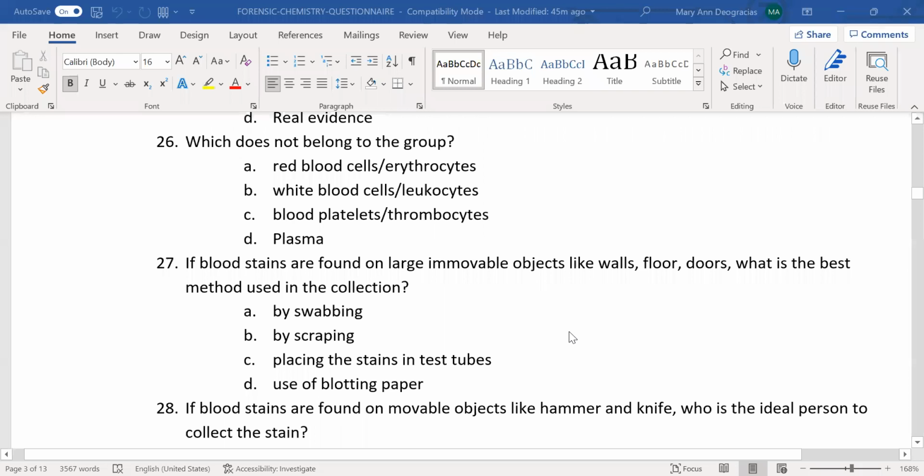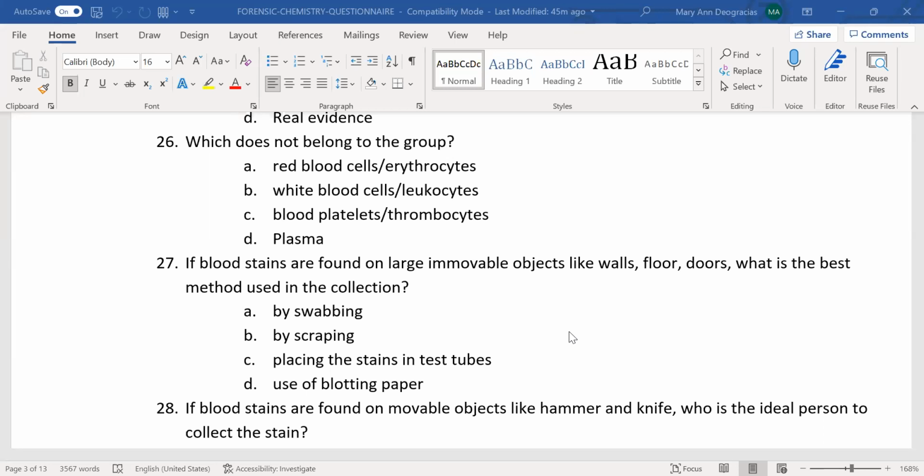Next. Which does not belong to the group? A, red blood cells or erythrocytes. B, white blood cells or leukocytes. C, blood platelets or thrombocytes. D, plasma. All of these are components of blood.